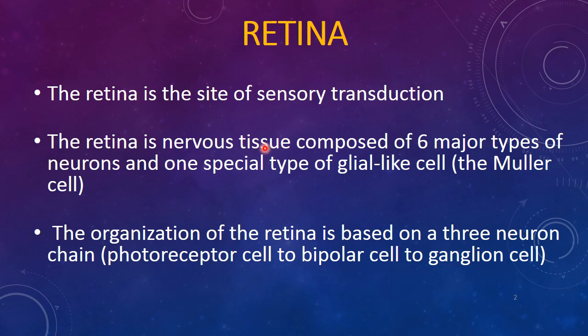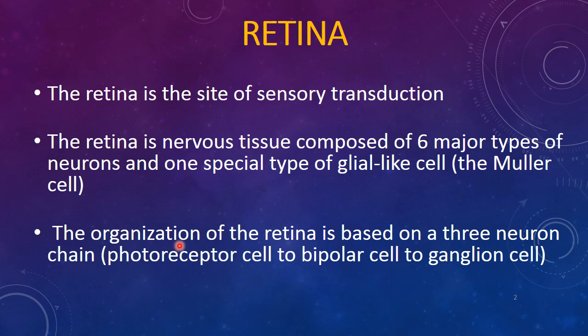The retina is composed mainly of nervous tissue which has 6 major types of neurons, as well as one special type of glial-like cells, which are the Muller cells, and we will discuss all of them in this lecture. It is a very complexly organized structure.